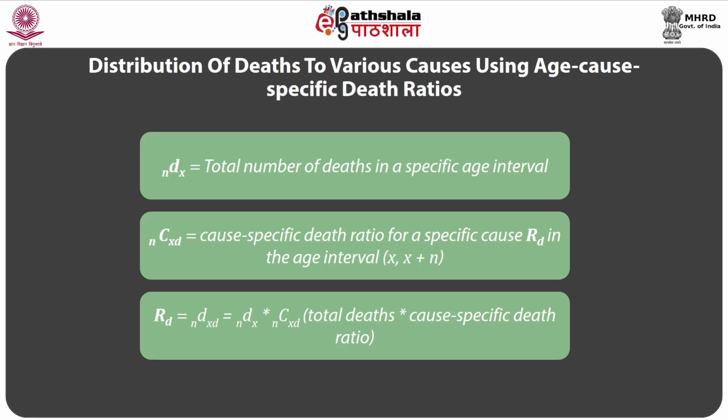Then number of deaths due to a specific cause Rd denoted as nDxd in the age interval x plus n is calculated as nDxd equals to nDx multiplied by nCxd. Total deaths multiplied by cause specific death ratio.